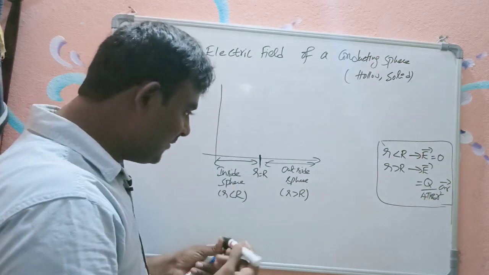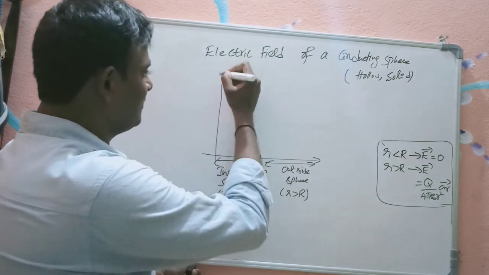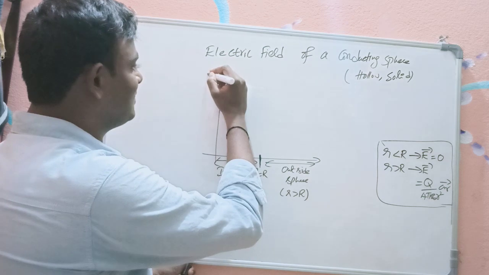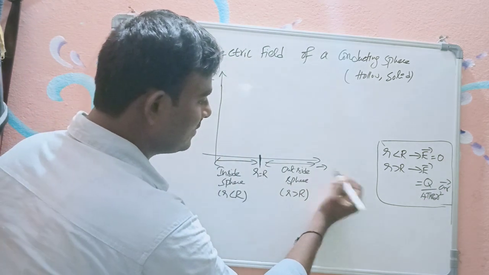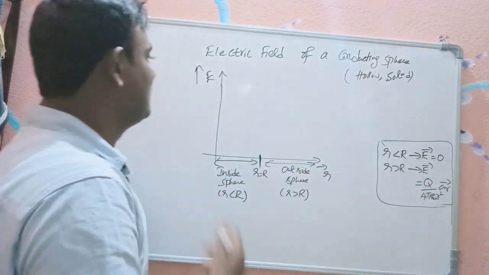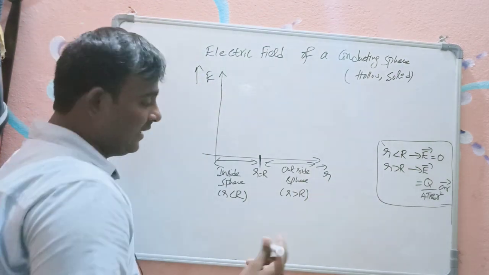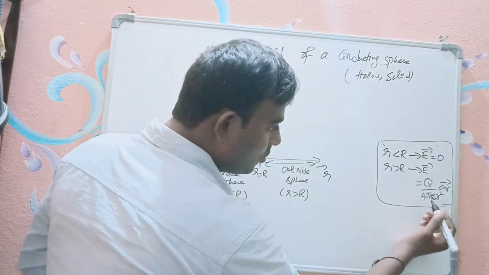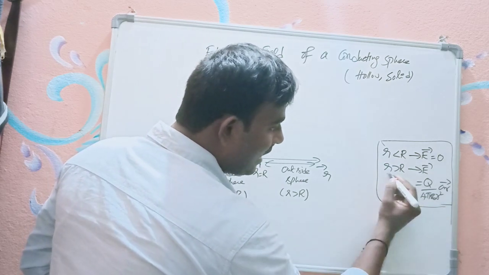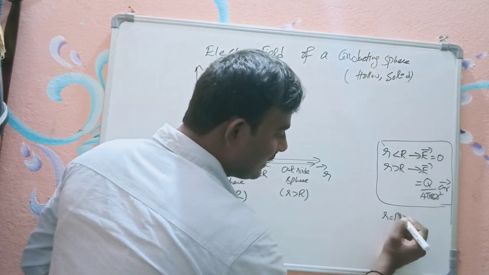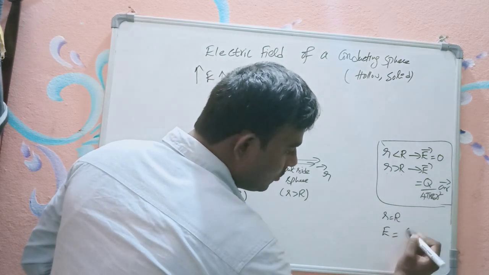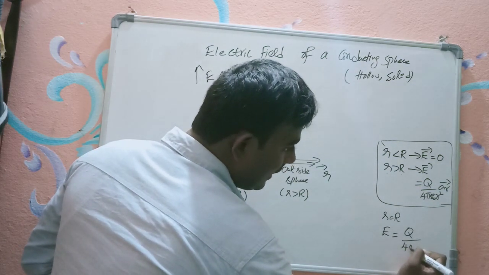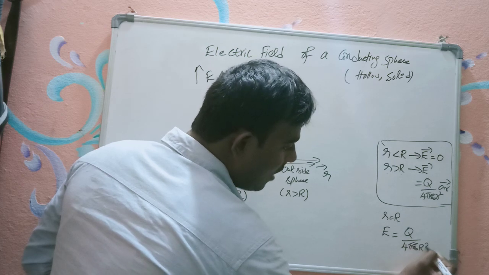Now what is the field expression? I want to show on the y-axis the field and on the x-axis the radius, the field variation with respect to radius. Now if I want to know the field exactly at capital R is equal to R, it is E is equal to Q by 4 pi epsilon naught capital R square.